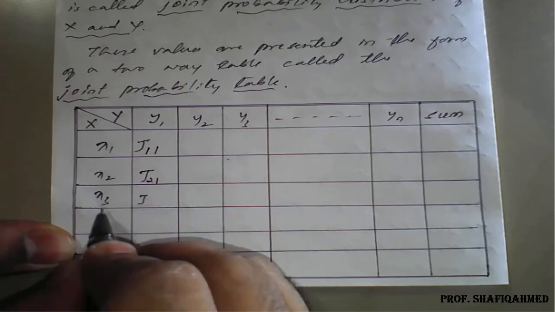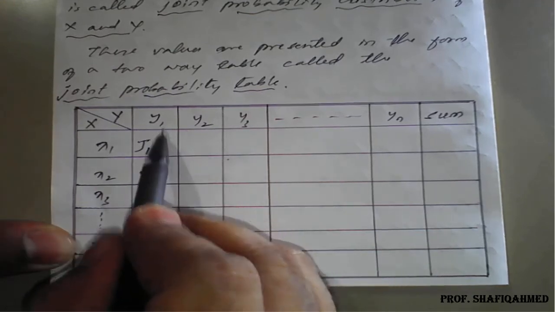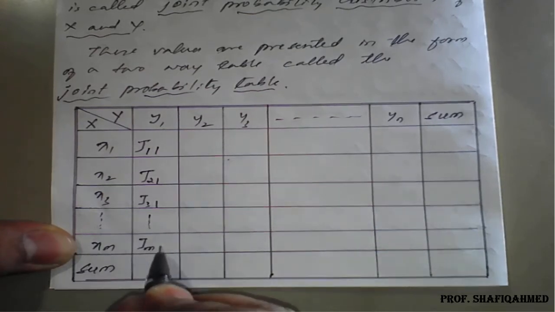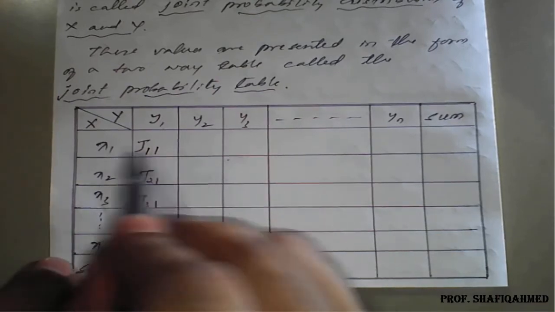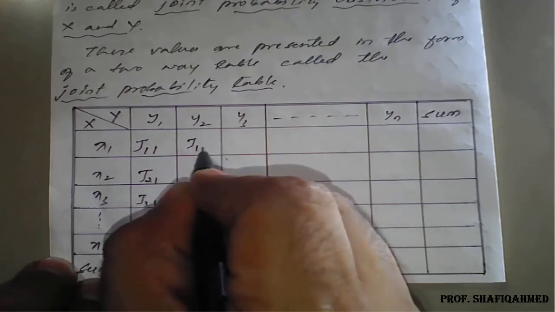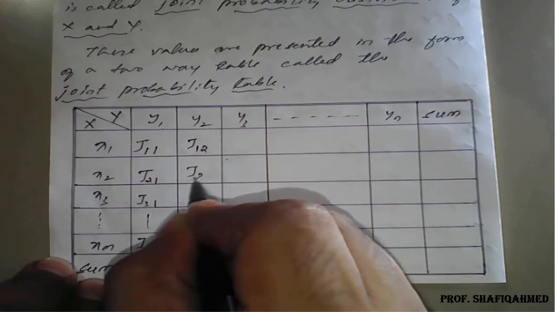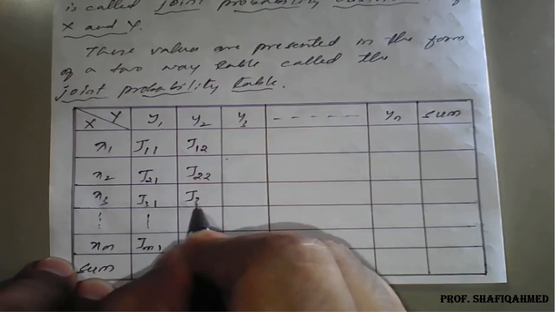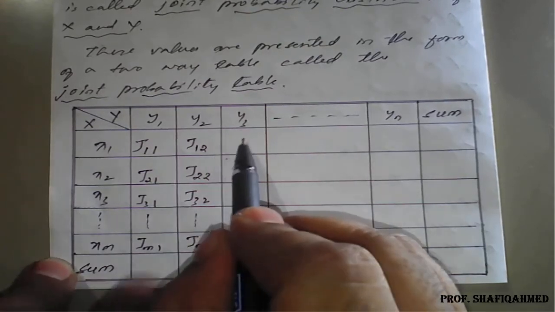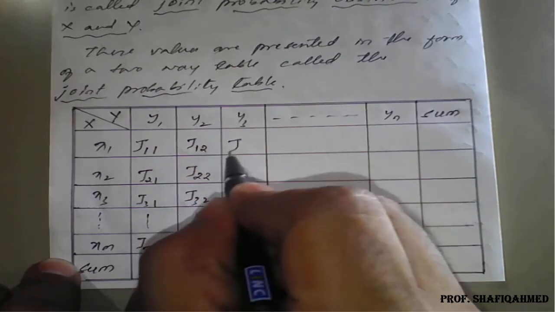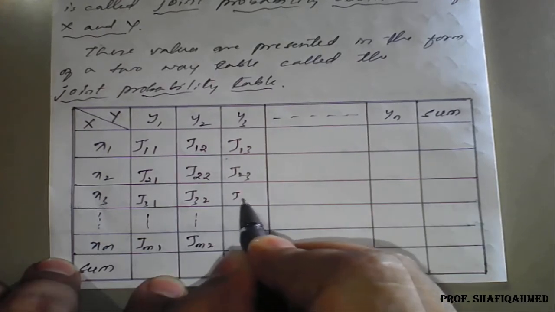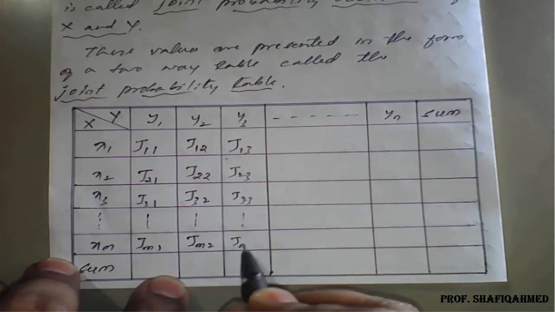Similarly J of 3 1, where the y value remains the same, and similarly J of m 1. Next, for y2 it is J of 1 2, J of 2 2, J of 3 2, so on, J of m 2. Then it is J of 1 3, J of 2 3, J of 3 3, so on, J of m 3.